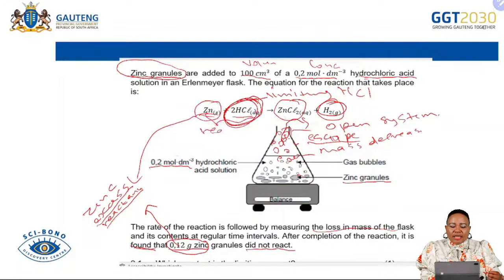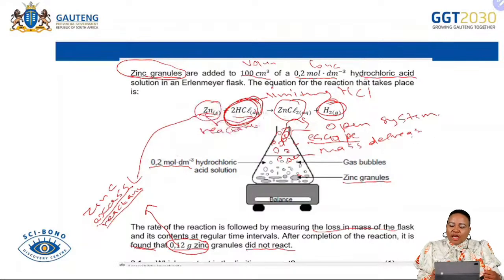And you can see that zinc is our reactant. Zinc and hydrochloric acid, they are our reactants. Therefore, we expect the decrease in mass. We expect that the mass of zinc decreases as the reaction progresses.